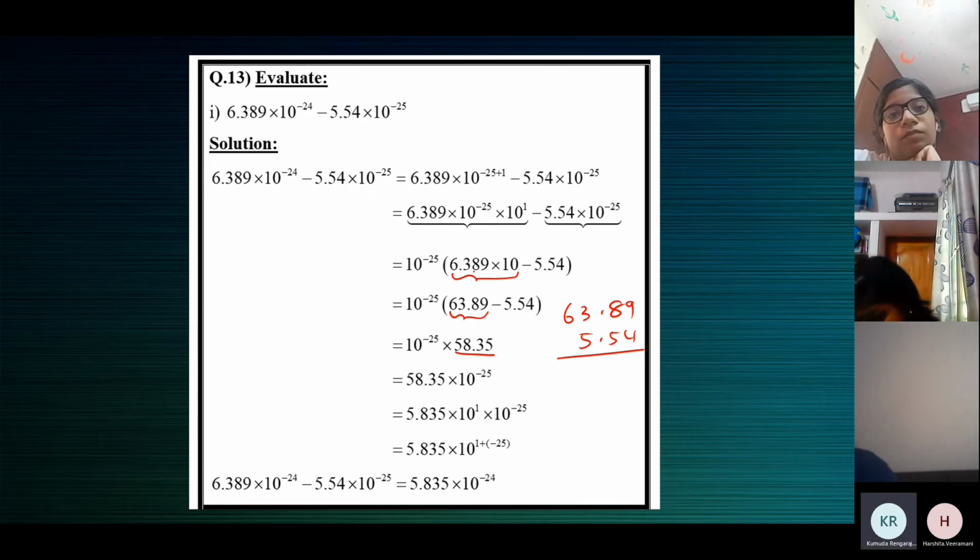Now I've just written it the other way. I've written this 58.35 first, and then I've written 10 to the power minus 25.